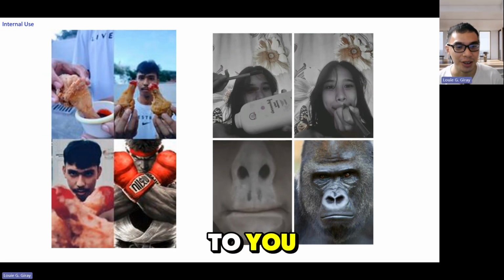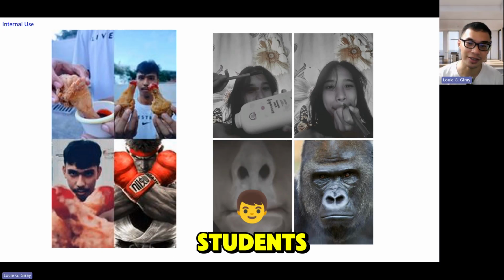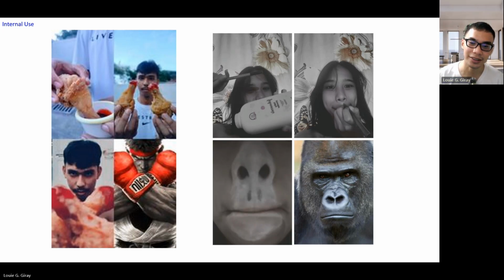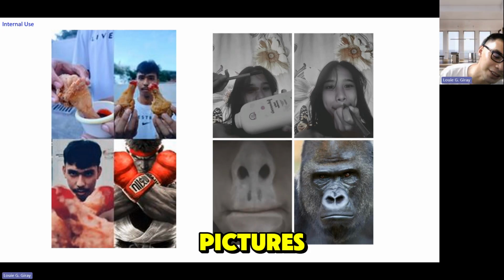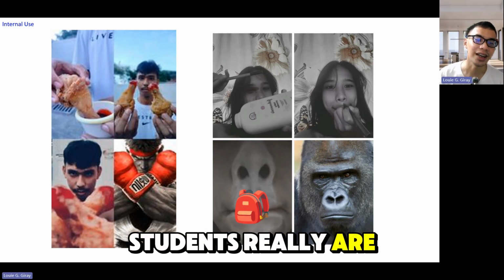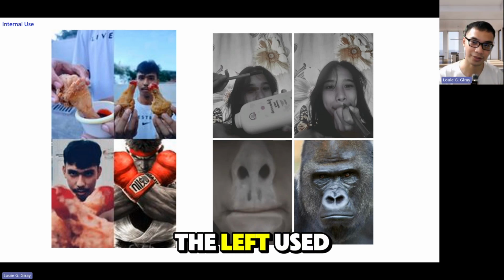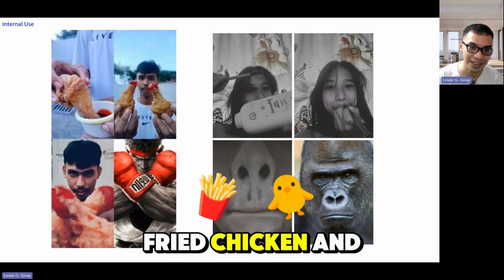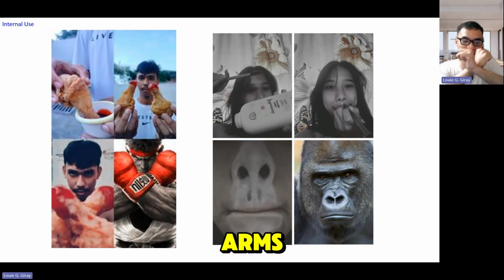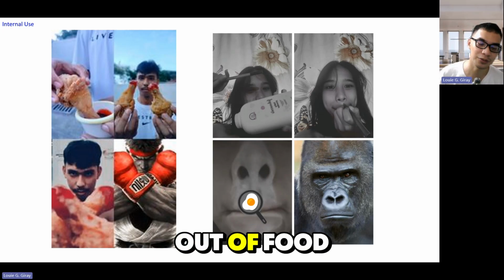Let me share with you these example works from my previous students. I love it so much. This set of pictures tells me that students really are so creative. My student on the left used fried chicken and ketchup to make arms, hands, and a whole character out of food.